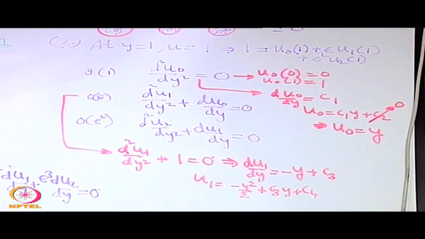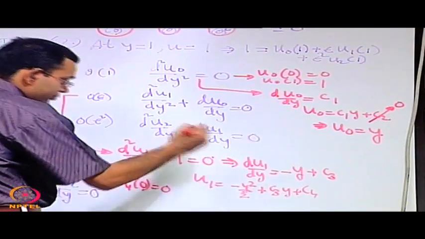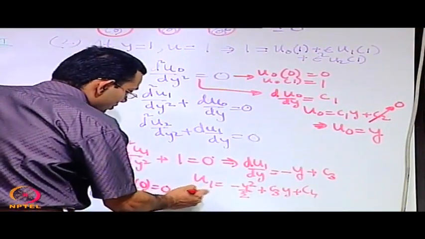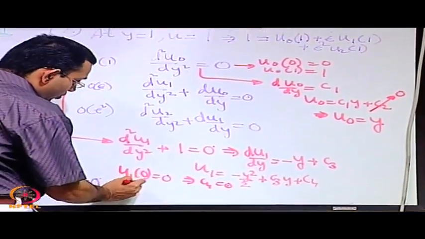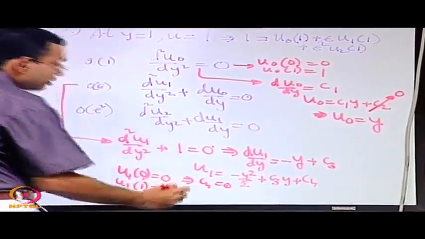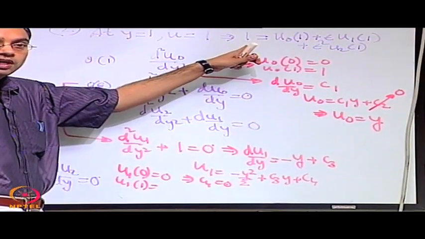What are the boundary conditions on u1? u1 at 0 is 0, that means C4 equals 0, and u1 at 1 is equal to 0 from this expansion.